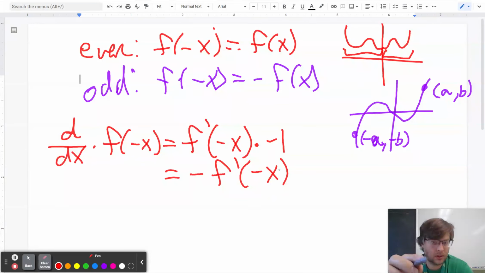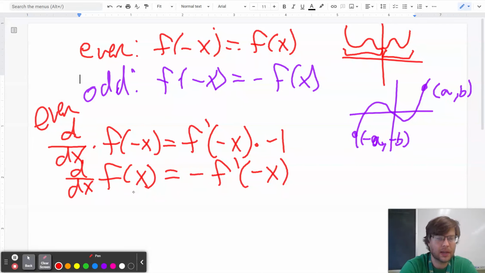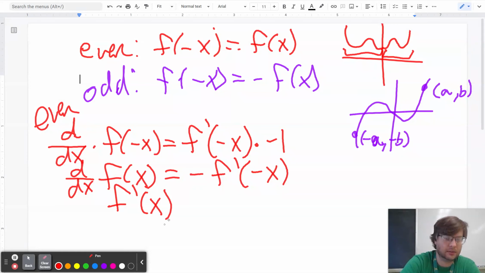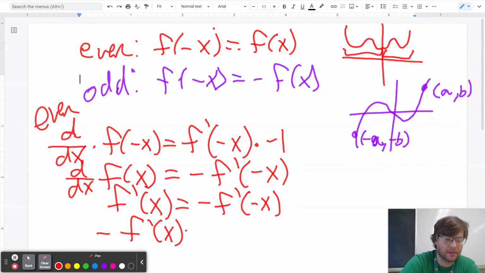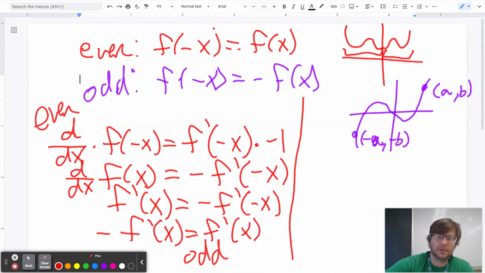But I know that if I assume this is even, the original function is equal to f of x. And the derivative of f of x is f prime of x. So what I have is f prime of x equals negative f prime of negative x. Multiplying by negative 1, I see that negative f prime of x is f prime of negative x, which is my odd definition. So the derivative of an even function ends up being an odd function.